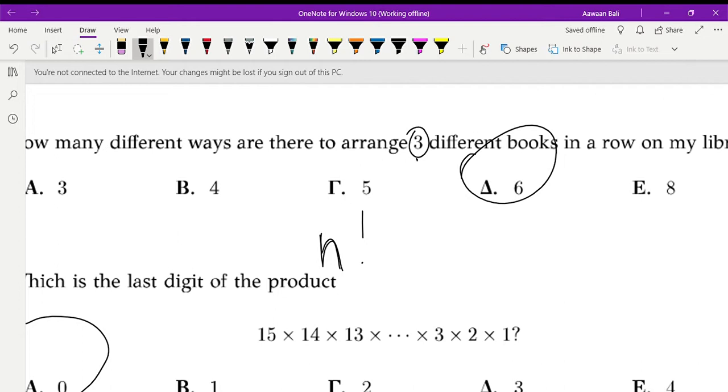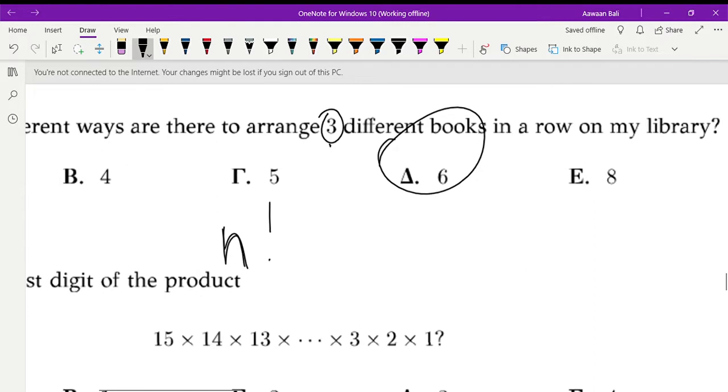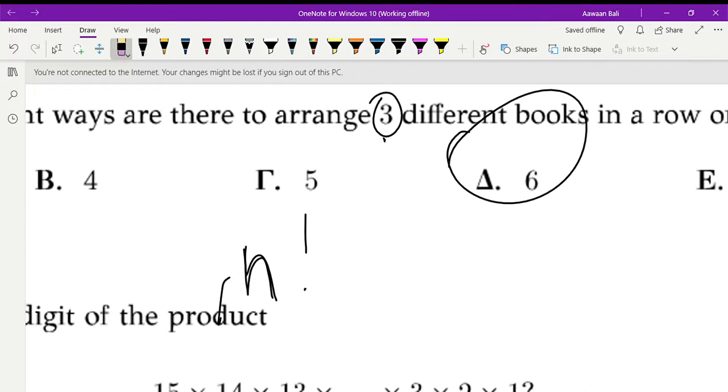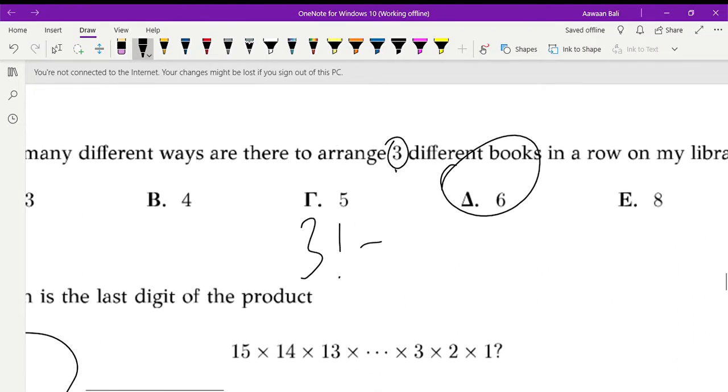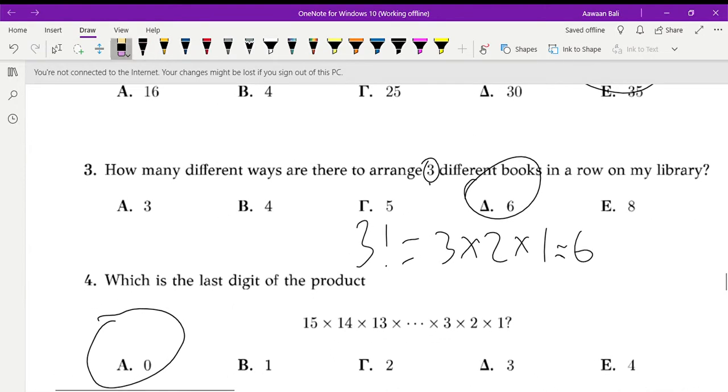I put n because it's a variable, and we don't know the exact value. So this goes for all of them. Here it's 3 different books, so we replace that with 3 factorial. 3 times 2 times 1 is 6, which means the answer is 6. There's 6 different arrangements. It's as easy as that. So we can therefore say that delta is 6.